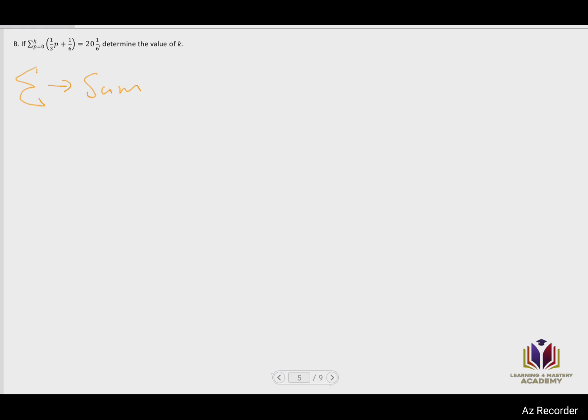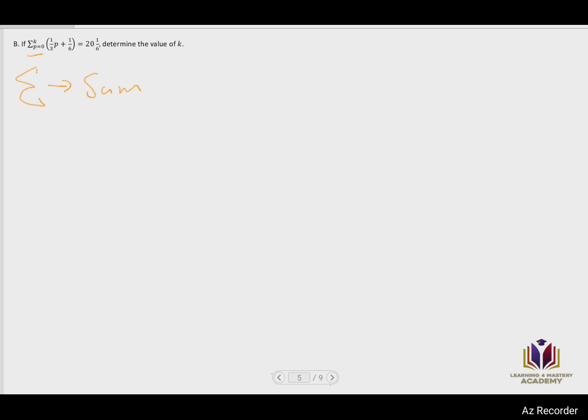All right, that's the first thing. The second thing is, look at the p there. They said p is equal to 0. Meaning if this series has, let's say, 13 terms, it means now when we include the additional term 0, how many terms are we going to have? We're going to have 14.